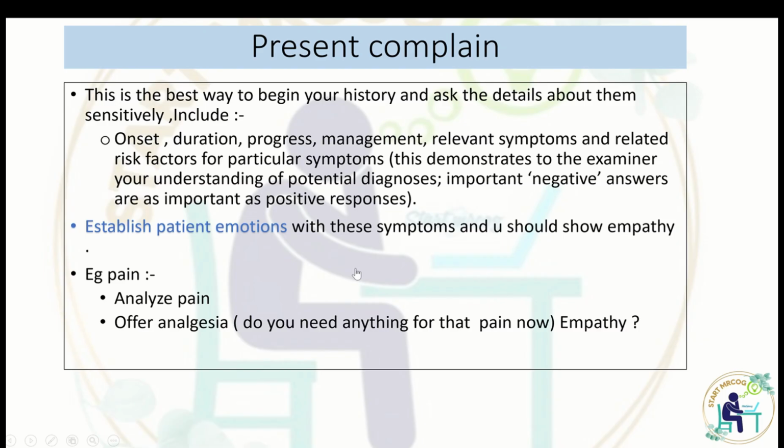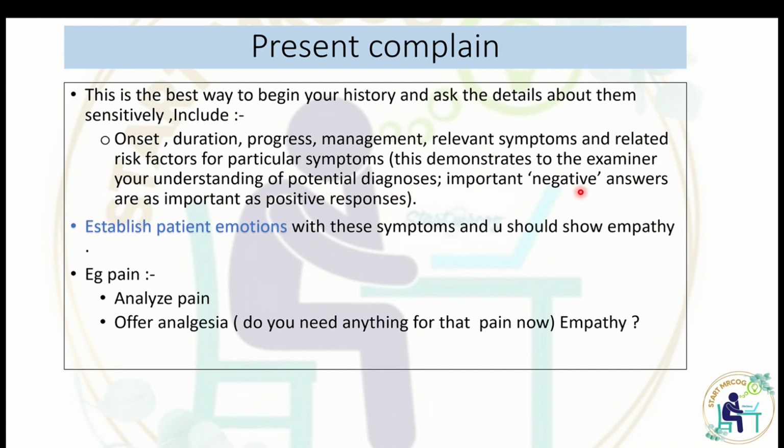First point in the history taking: the present complaint. This is the best way to begin your history, and ask details about it sensitively, including onset, duration, progress, management, relevant symptoms, and related risk factors for particular symptoms. This demonstrates to the examiner your understanding of potential diagnosis.